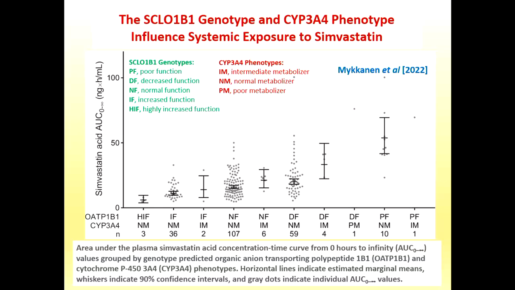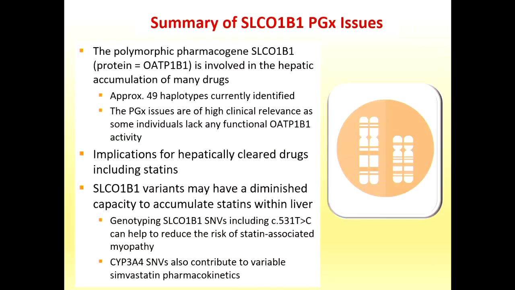Okay, so this is showing how pharmacogenomics really is valuable clinically, because it lets us identify these subsets of patients that have the increased risk of side effects with these sorts of drugs, because not only can't they transport the drug, they also seem to have this altered capacity for metabolism.